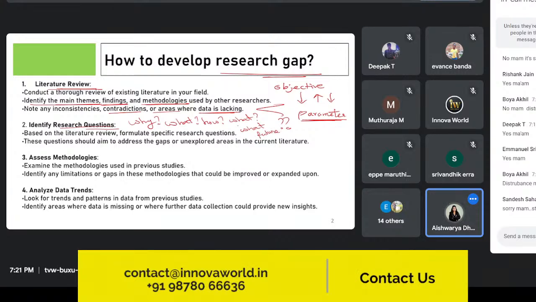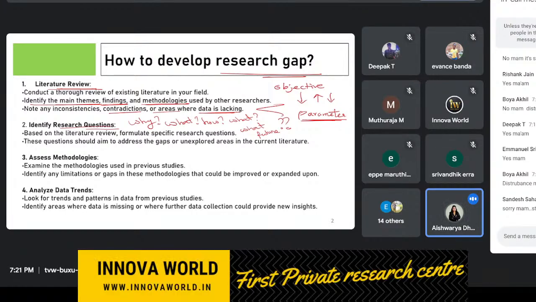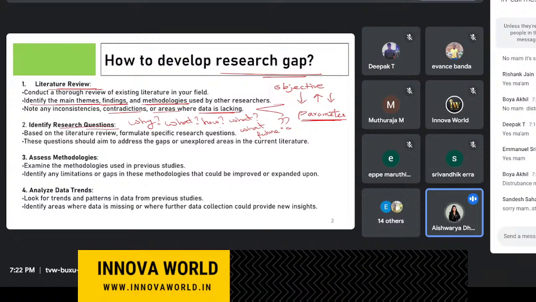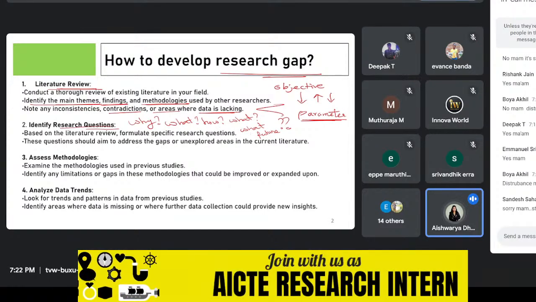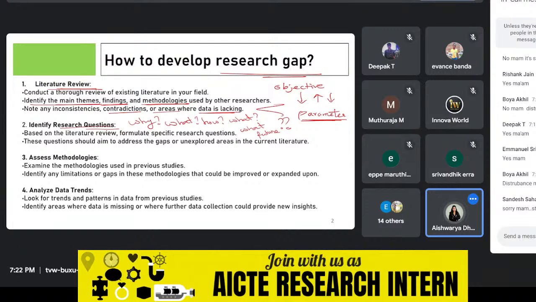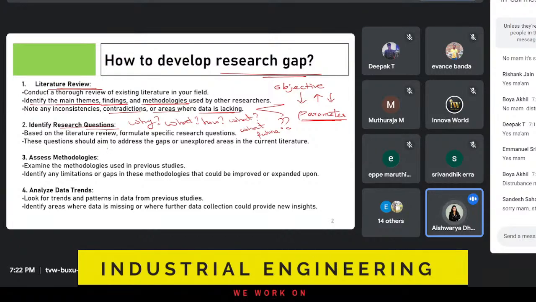Just ask these 5 basic questions. Please do write this down, which is going to be helpful when you're framing or writing your work, your report, or research work. These questions will help you frame your research questions, which will give you the answer, the gap.